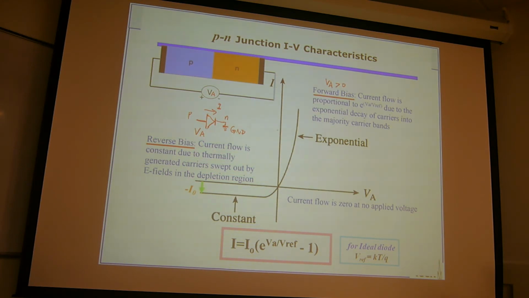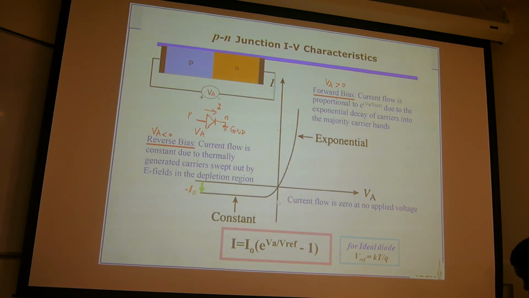The reverse bias is when VA is smaller than 0, negative. Then the current will flow from the n-type to the p-type. You reverse the current because you reverse the voltage. But you will see that the reverse current is very small, and it will saturate at this constant level. We call this constant level current I0, and because it's negative current, it has a negative sign here.